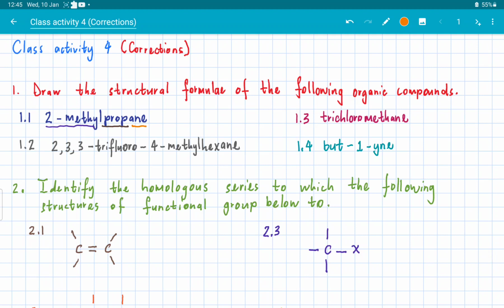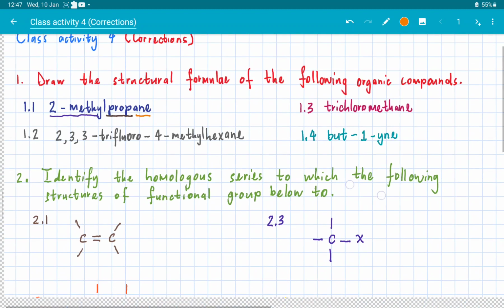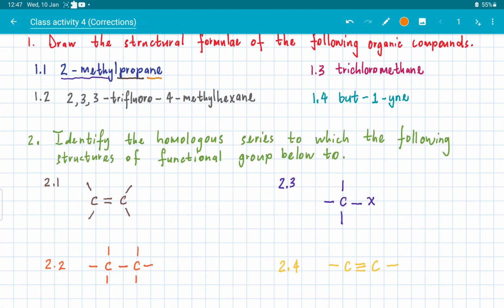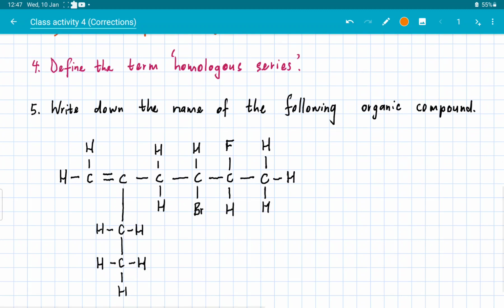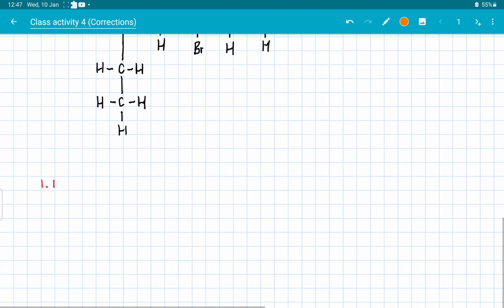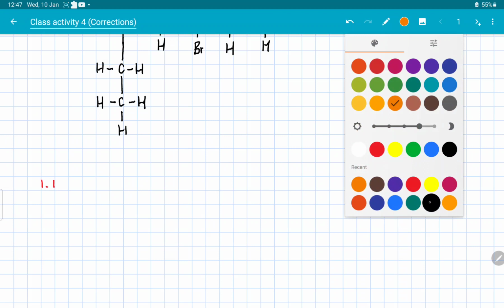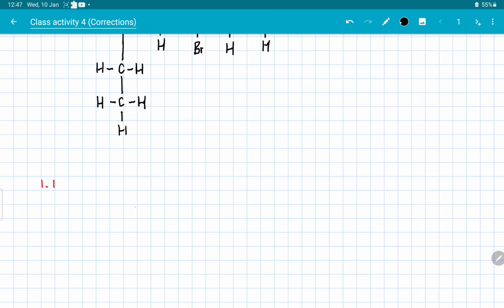When we write the structural formula, there should be 3 carbons in the main continuous chain. So let me go and draw this molecule. It is 2-methylpropane.